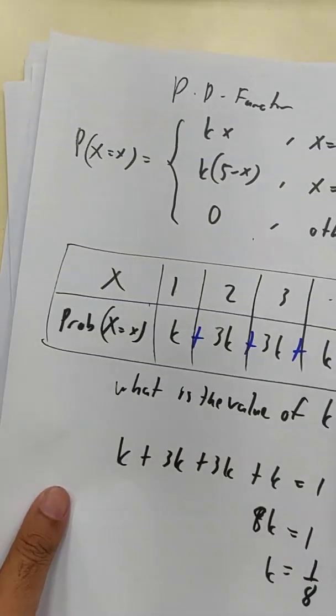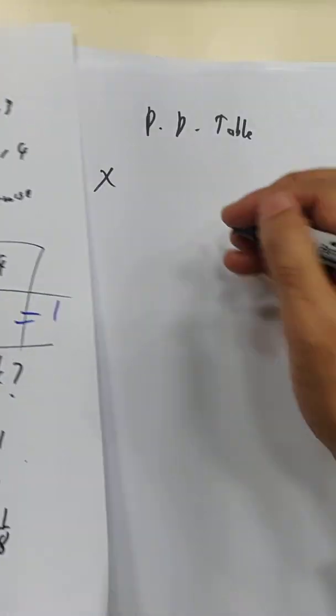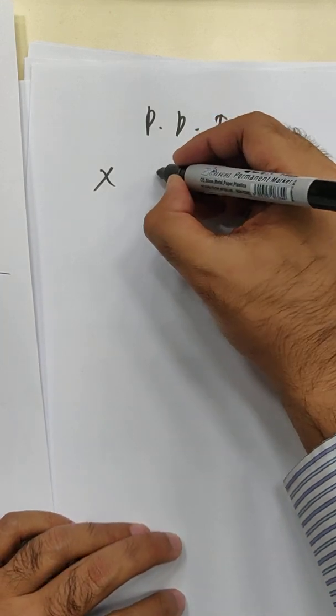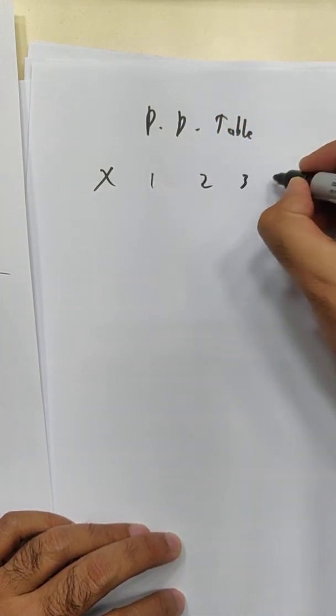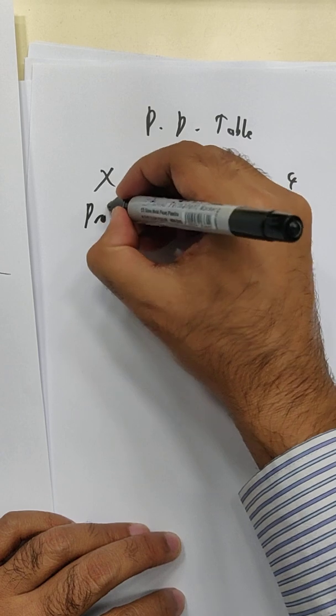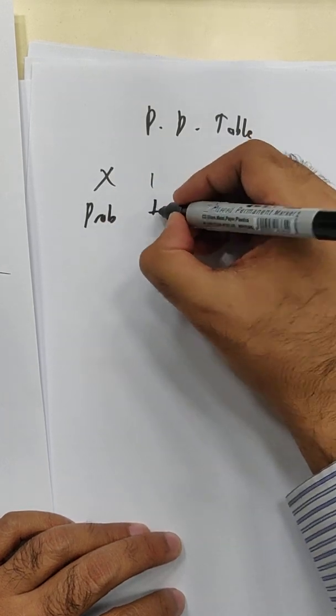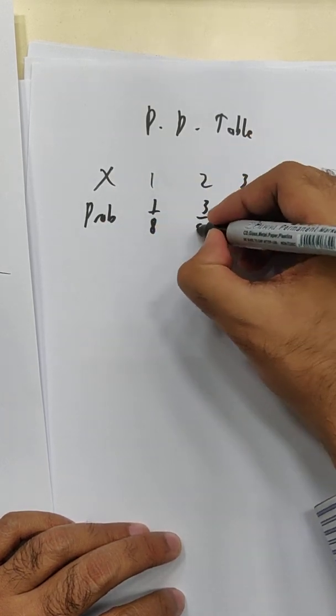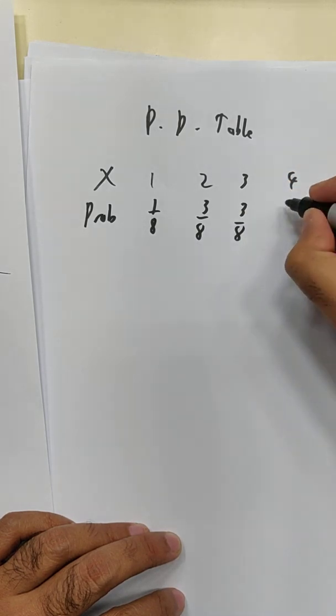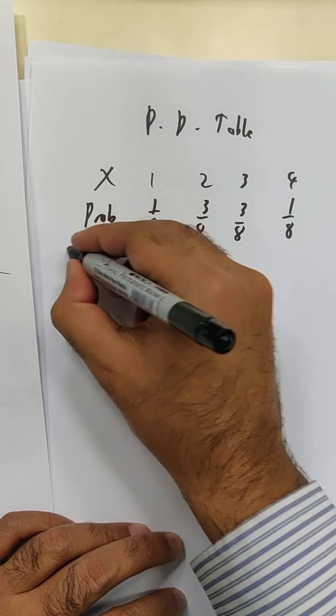So basically, we just draw the whole thing. Besides writing down k, we write down k is 1 over 8. Going as gently as I can. Are you guys okay? I hope you guys are okay.